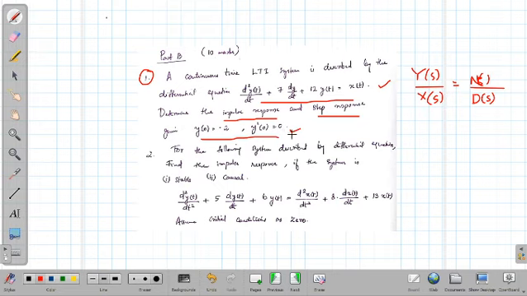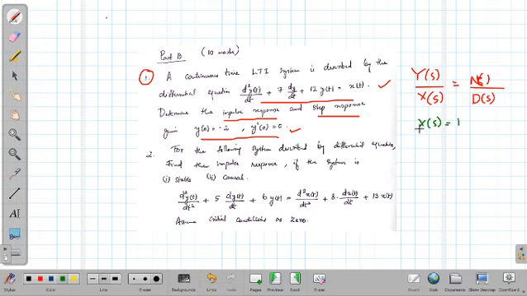So this can be obtained by taking the Laplace transform of the differential equation and applying the initial conditions. Don't forget to apply the initial conditions. If you forget to apply initial conditions, you will get a different transfer function. Once you have this, first you need to find the impulse response. So in order to find the impulse response, what will you do? You will take x of s as 1, since the Laplace transform of the impulse is 1.